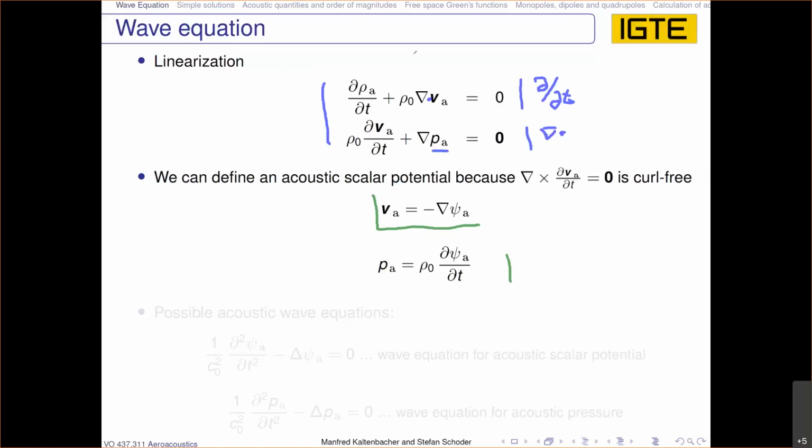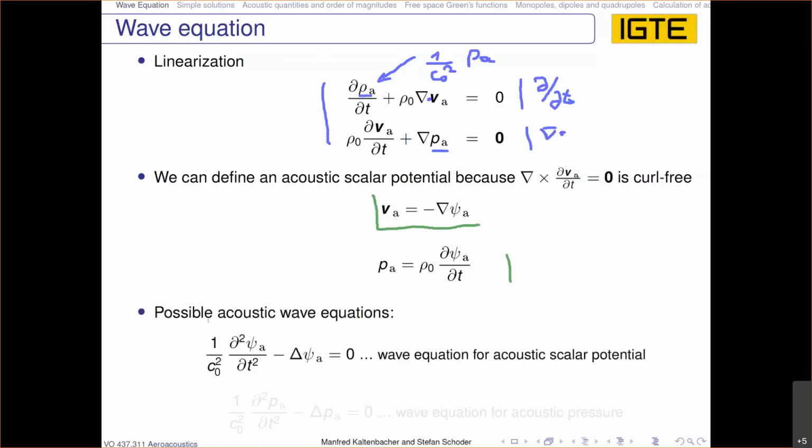But what we know is that we can substitute here the acoustic density, because this is equal to 1 over the speed of sound squared, which we also assume is a constant value in our medium, scaled by the acoustic pressure. That was due to our thermodynamic state, we have this simple relation. We also call it the adiabatic state. And collecting this all together, you come up to this wave equation as shown here.